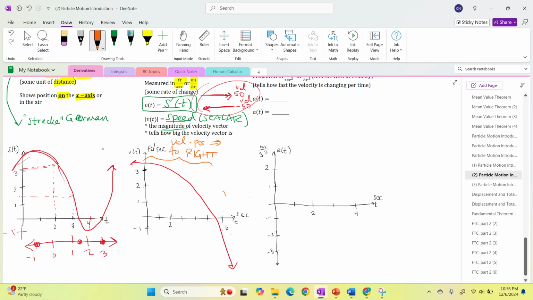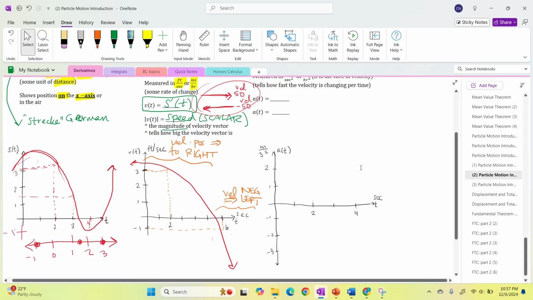And then here your velocity is negative, which implies we're moving to the left. And whenever you read this, it means something like, okay, after 2 seconds, my velocity is 3 feet per second. After 6 seconds, my velocity is -1 meter per second. That means you're going to the left 1 meter every second. All right. So there's your velocity graph, how you interpret those.